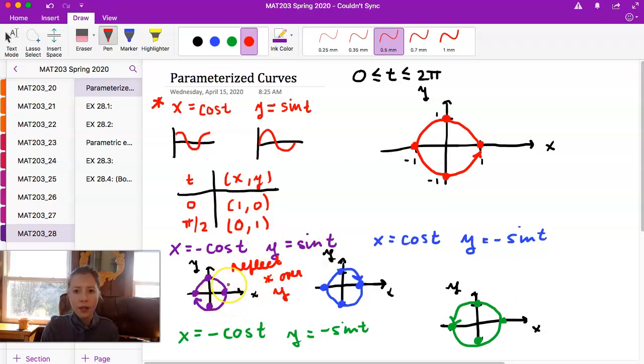Taking a mirror over the y-axis is what gives us this one. And for the third one, we're reflecting over the x-axis. And for our last one, we're reflecting over both.